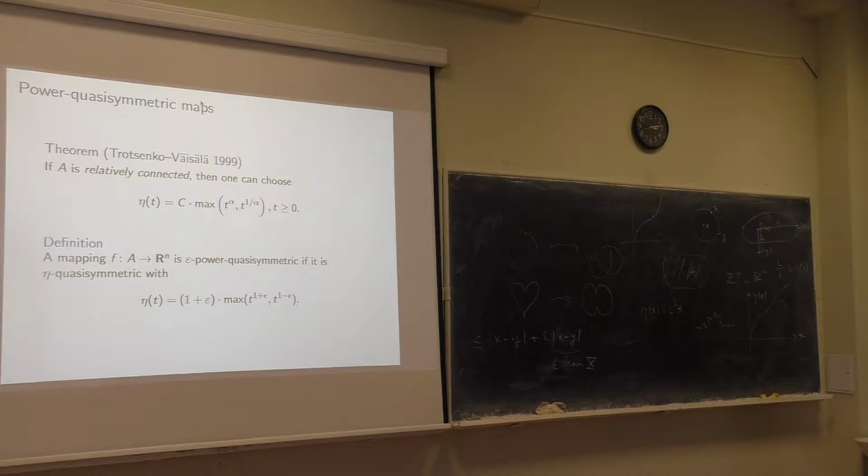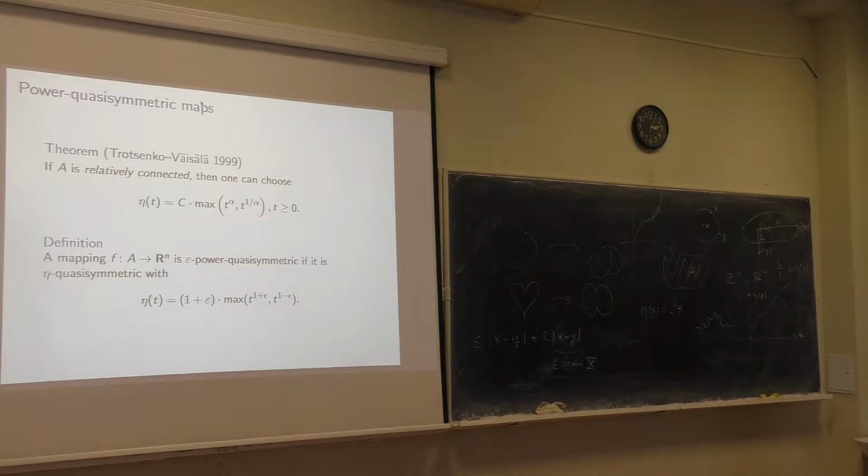I have the definition at the end, but I will never get to that, and I don't want to spend time for that, because this is only for motivation for our real definition, because we want to consider these maps so that they are very close to a real similarity.